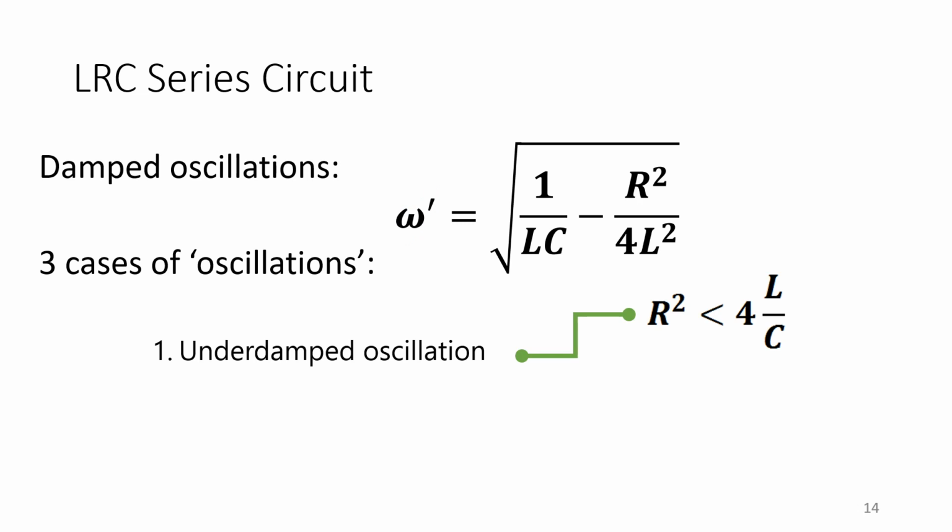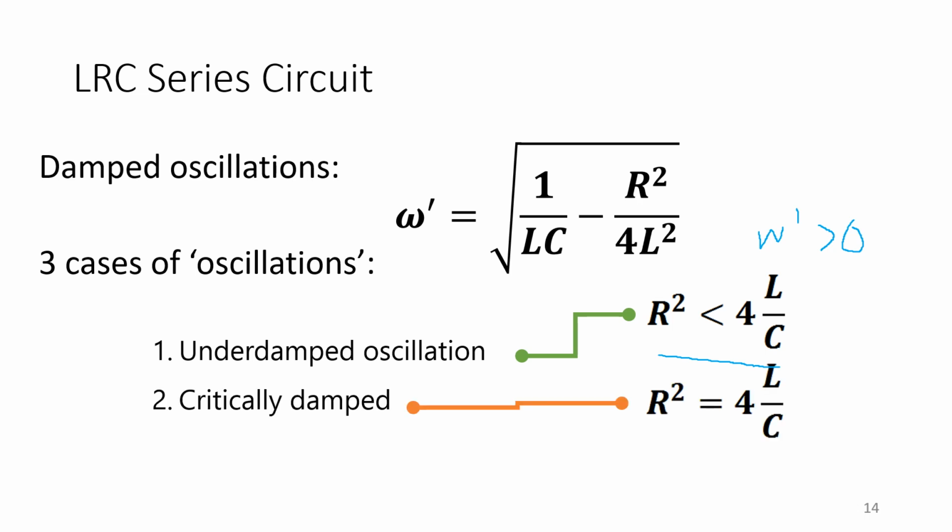Firstly, for the underdamped oscillation, you want your resistance value to be weak enough so that it doesn't change or deviate much from your LC circuit solution. And it kind of makes sense. This inequality is based on whether omega prime will be greater than 0. So the nature of omega prime will dictate what type of solution you'll have.